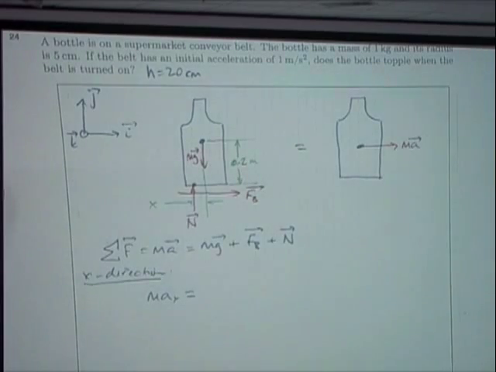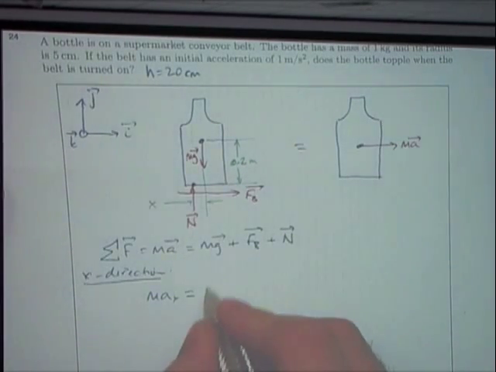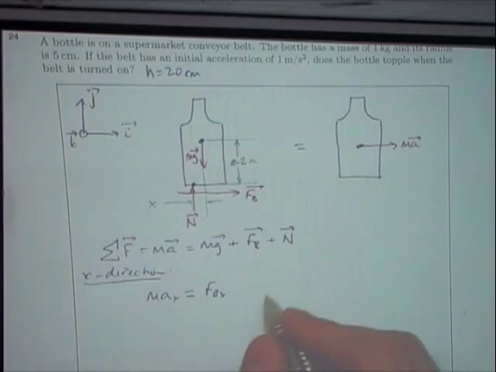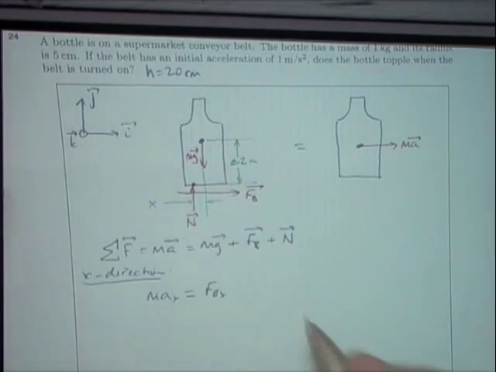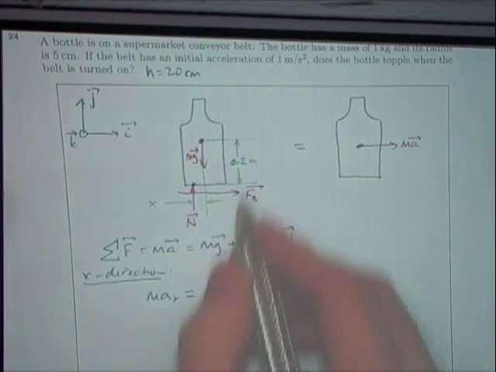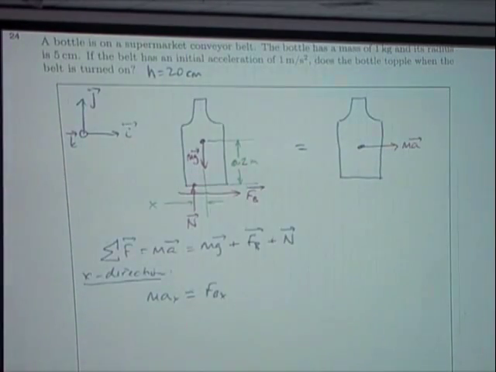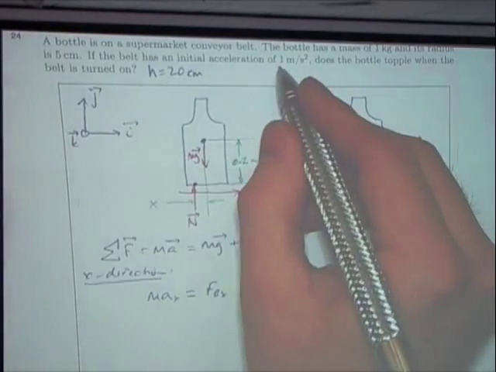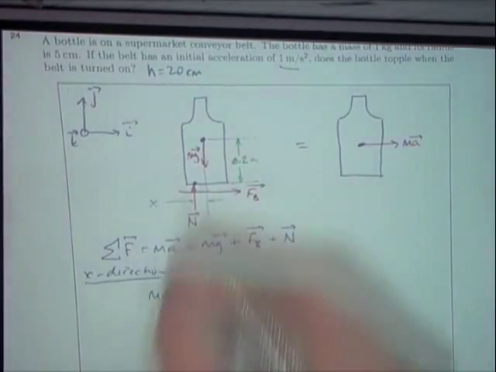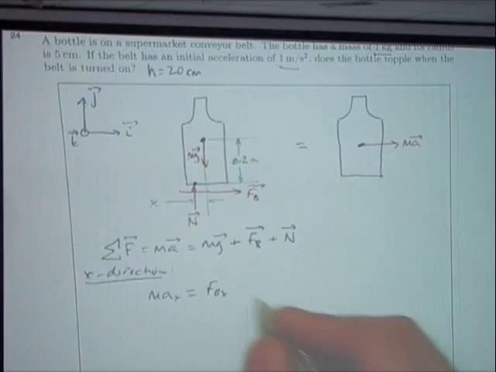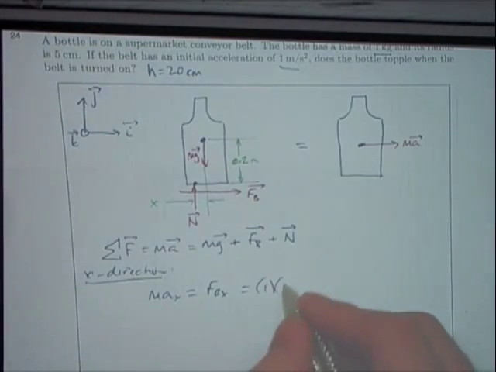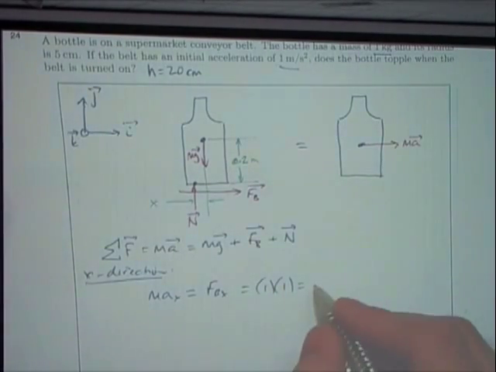I'm not going to bother with the i's, j's and k's. We've got FBx, okay? That's the only force acting in the x direction, the force of the belt. Now we know the acceleration, we've been given that, that's 1 meter per second squared. We know the mass of the bottle, that's 1 kilogram, and so that's going to be 1 times 1. And so FBx equals 1 Newton. Okay?